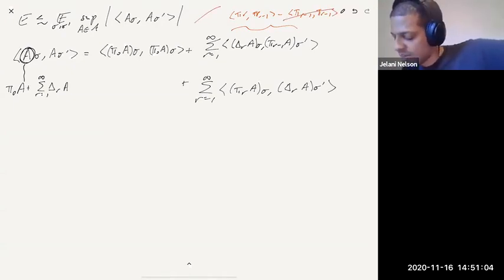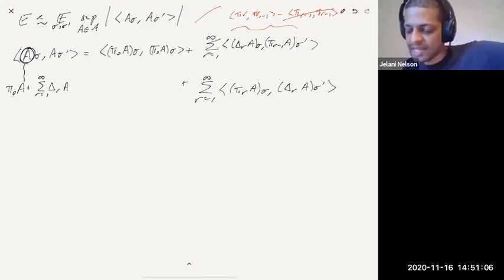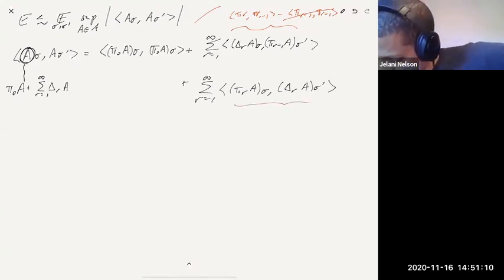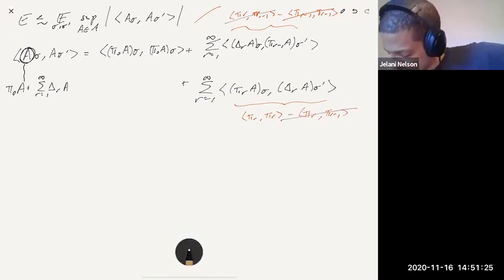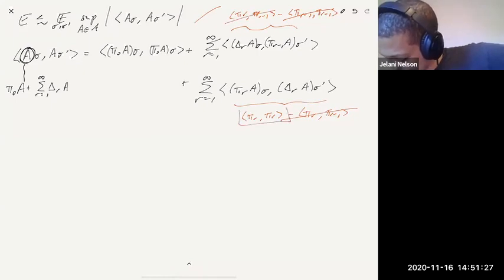When r is 1, pi_{r-1} is pi_0, so it's going to cancel out with the previous thing. And then when you expand out this thing, you're going to get pi_r dot pi_r minus pi_r dot pi_{r-1}. So this minus here is going to cancel with this thing. So the only thing that survives is this.